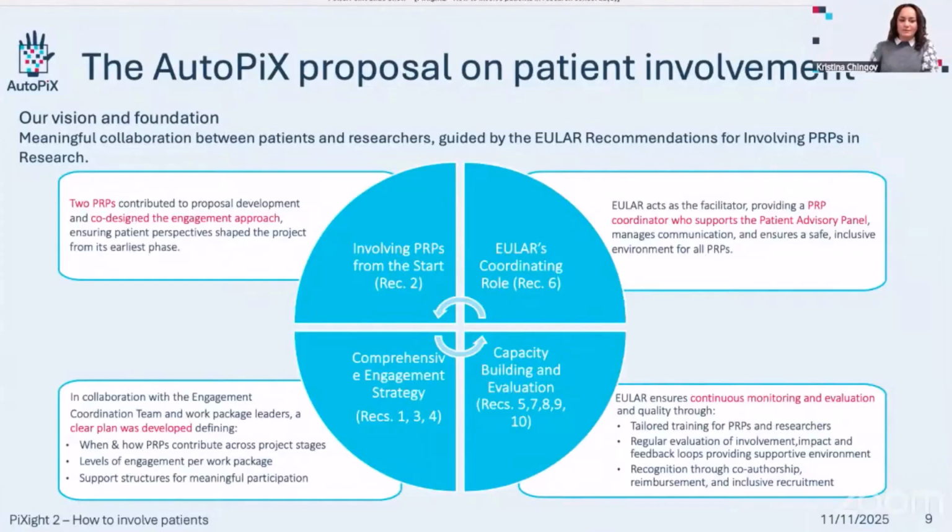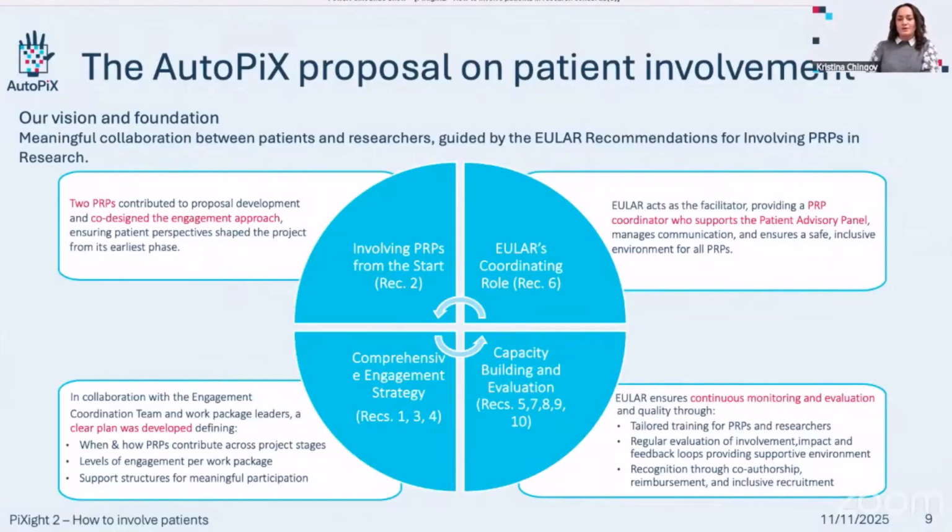And we developed very specific guidelines on when and how PRPs should contribute across the project stages, how PRPs will support different work packages, and of course, which support structures we need to have in place for meaningful participation.